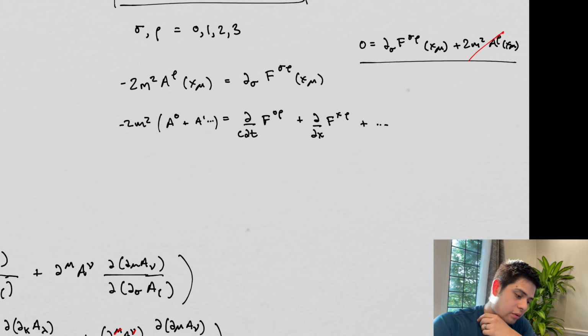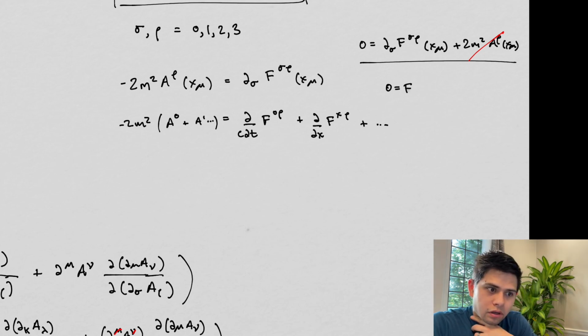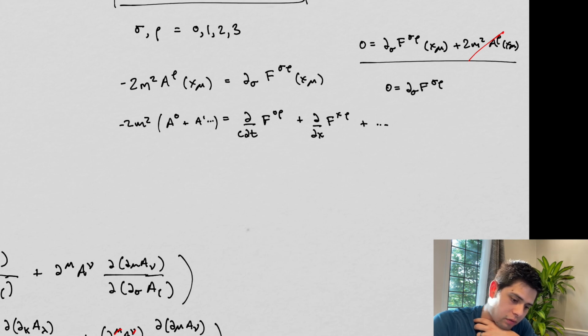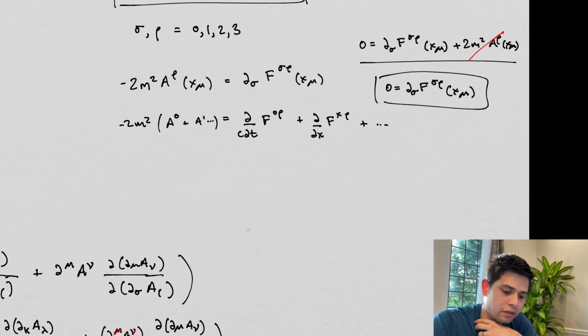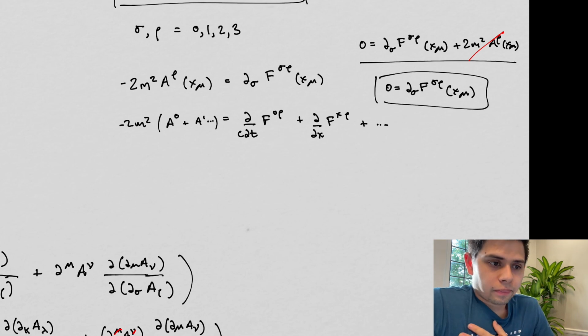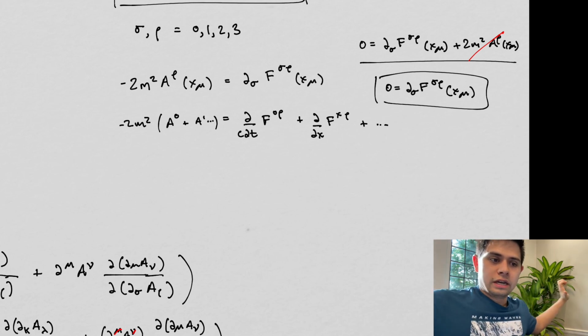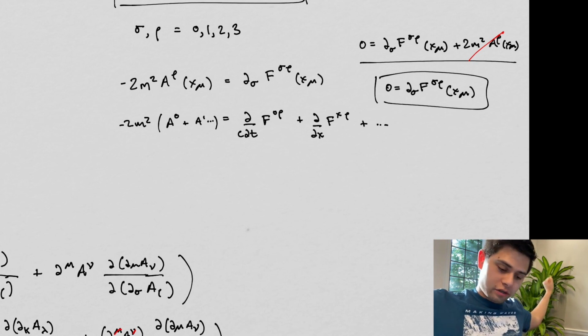And what we end up with is 0 equals, whoops, I forgot the derivative term in there, d sigma F sigma rho x mu. So this here is the massless version of the Proca equation. It's when m equals 0. When m equals 0, this is also called the inhomogeneous Maxwell equations.